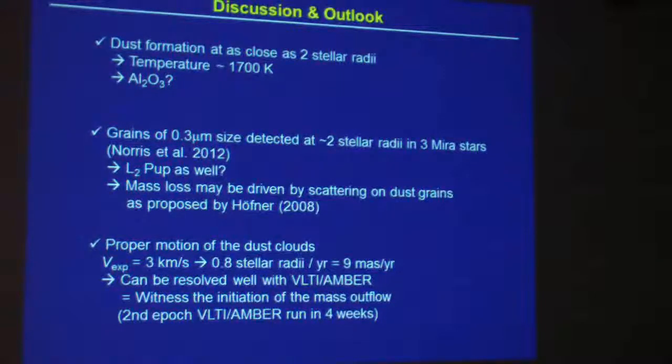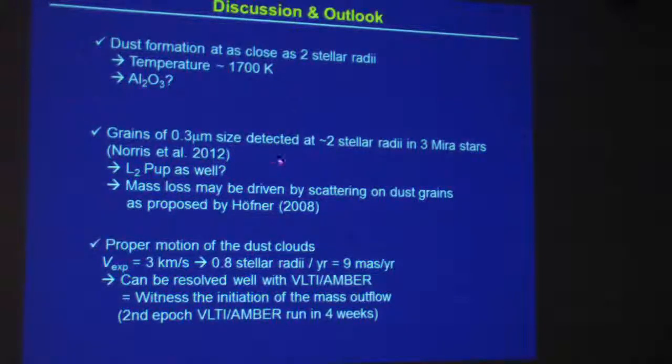So the dust formation seems to occur as close as 2 stellar radii, where the temperature is as high as 1700 K, and this temperature roughly corresponds to the condensation temperature of Al2O3 or quartz grains. So the dust cloud we spatially resolve may consist of such grains.